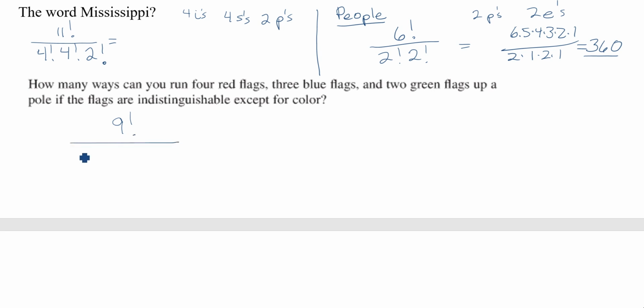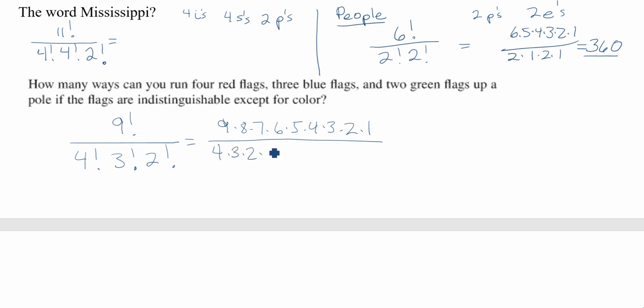There are 4 red, 3 blue, 2 green. So that gives me 9, 8, 7, 6, 5, 4, 3, 2, 1 in the numerator, over 4, 3, 2, 1, times 3, 2, 1, times 2, 1.